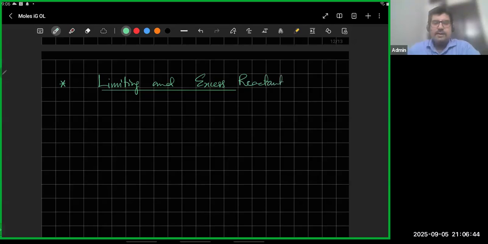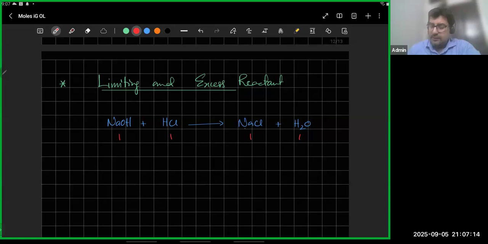So limiting and excess reactants. So far, we did questions where you were given moles of one thing. For example, you have NaOH reacting with HCl, and it produces NaCl plus H2O. Everything is 1:1.